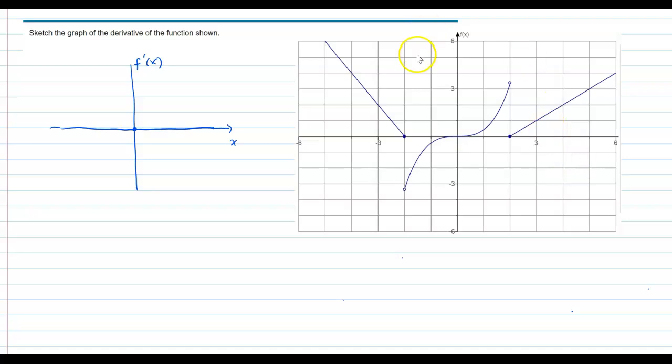Now, the function is actually divided into different intervals. So it is divided into, let's look at those intervals here. We have the interval from negative infinity up to negative 2, and then we have negative 2 to 2.